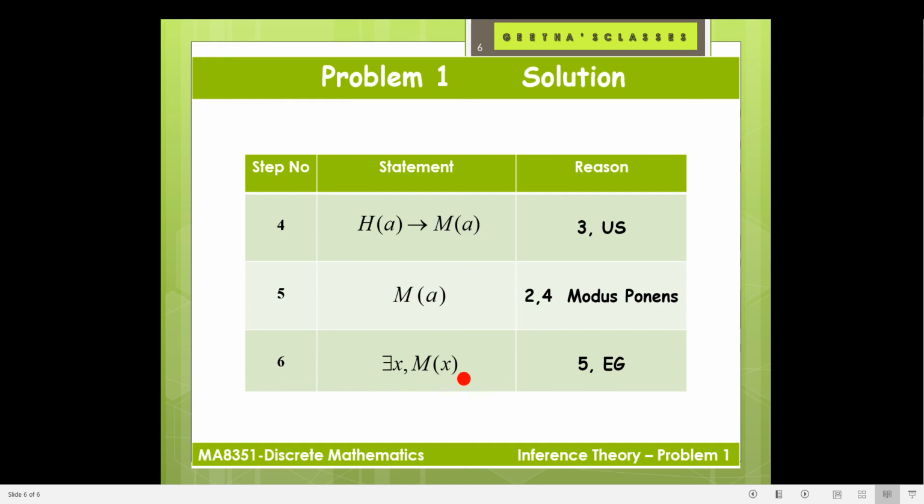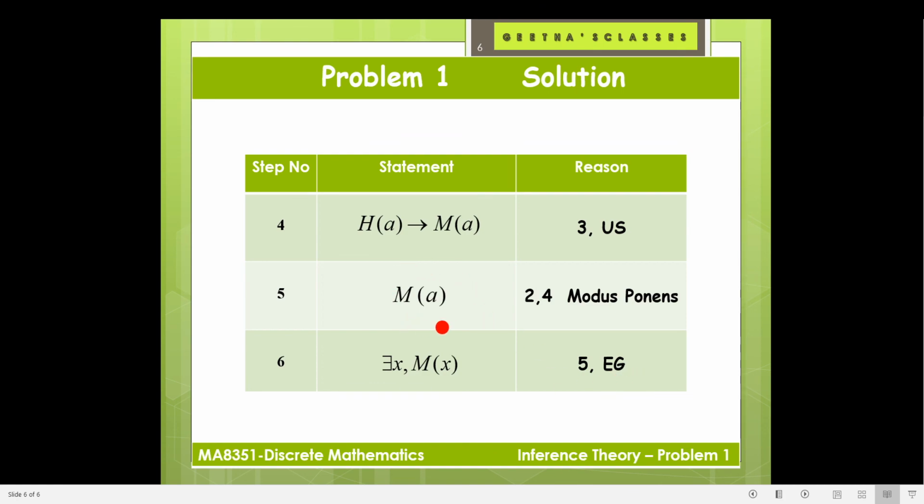Now M of a can be written as our final conclusion, there exists x M of x. We are replacing M of a by there exists x M of x. This is the opposite of existential specification, so it is nothing but existential generalization.